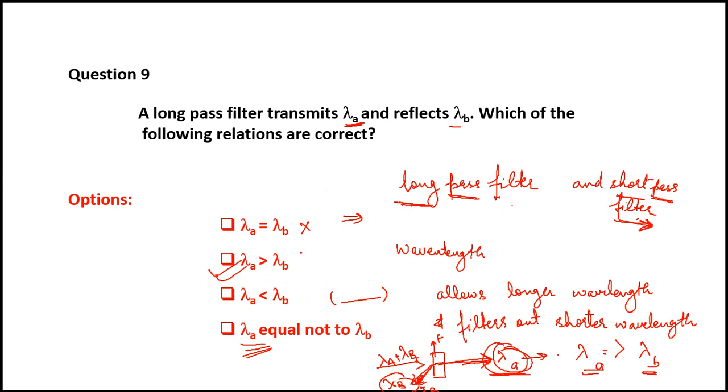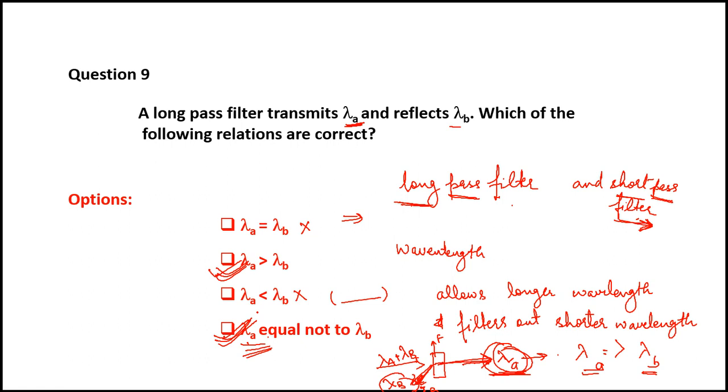The second thing we concluded is that since it is a long pass filter and it has allowed lambda A to pass through, definitely lambda A is the longer one. So lambda A is longer than lambda B, and obviously the opposite option then becomes wrong. The last option is lambda A is not equal to lambda B. Definitely this option is also correct, because they are not equal.